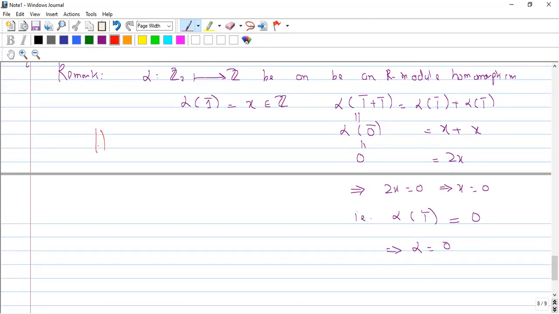So actually what is the conclusion from here? That Hom of Z2 to Z, or you can say that there exists only a 0 module homomorphism.